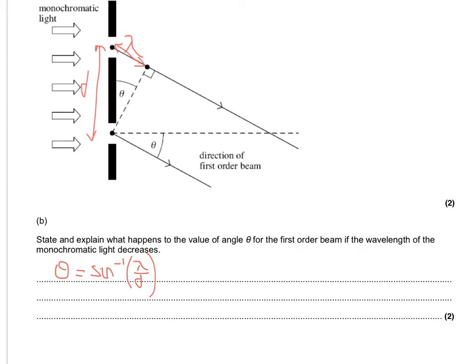Here, what we can see is that if we decrease the wavelength and keep d constant, we're going to be taking the inverse sine of a smaller number.